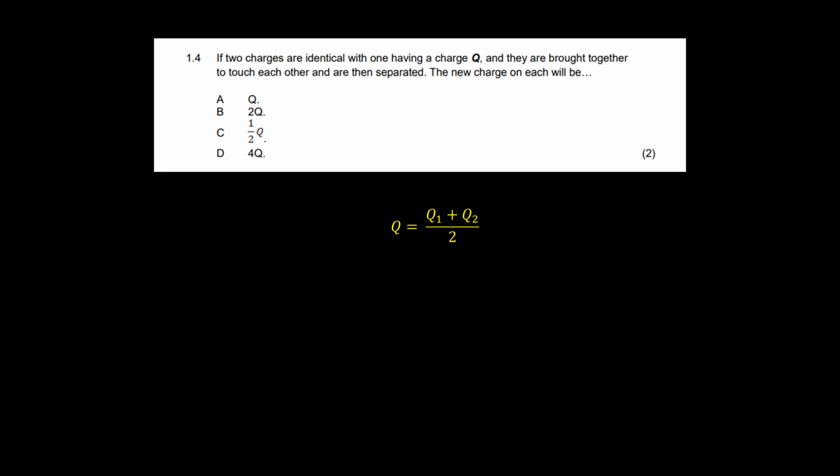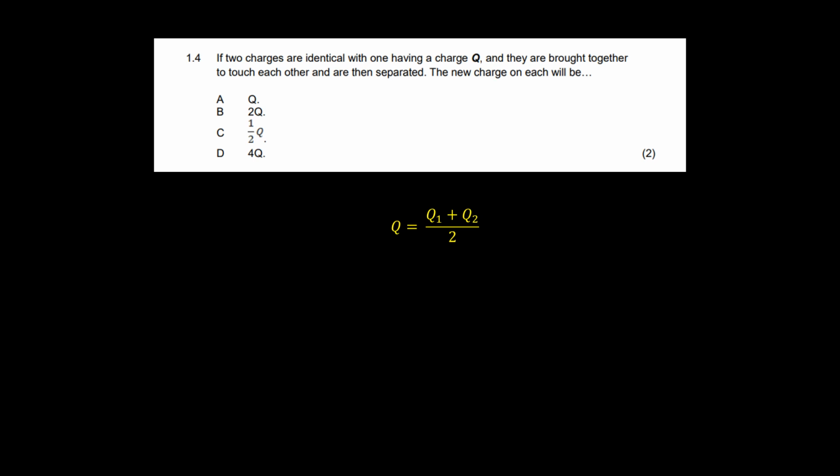The charge on each after touching and then separating is given by Q equals Q1 plus Q2 divided by 2. Q1 is the amount of charge on charge 1 and Q2 is the amount of charge on charge 2.